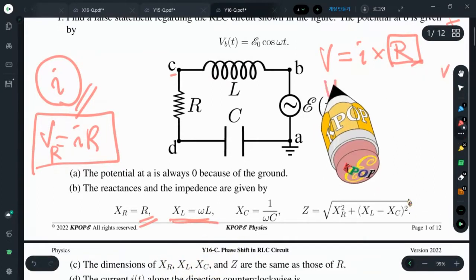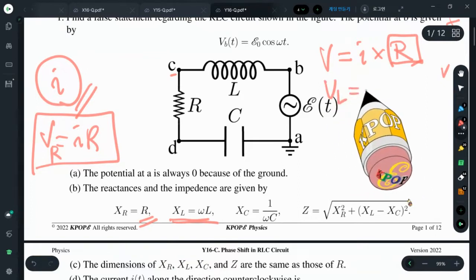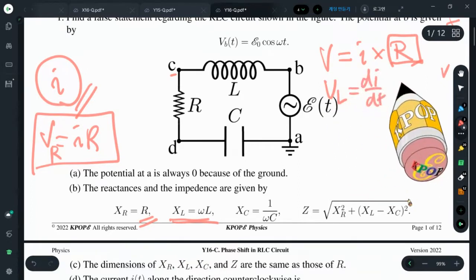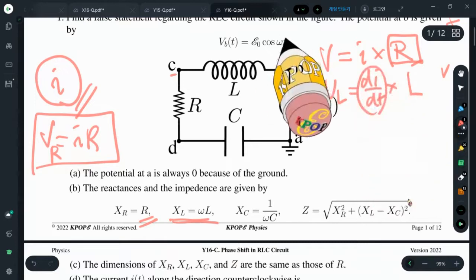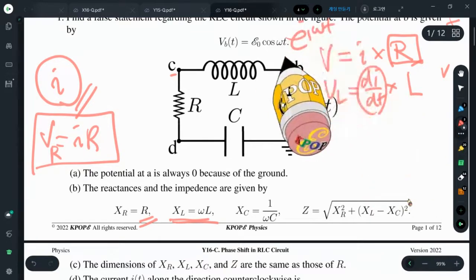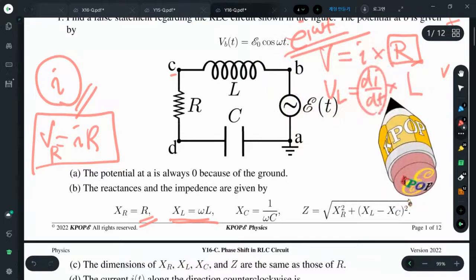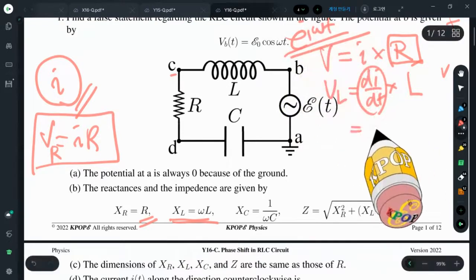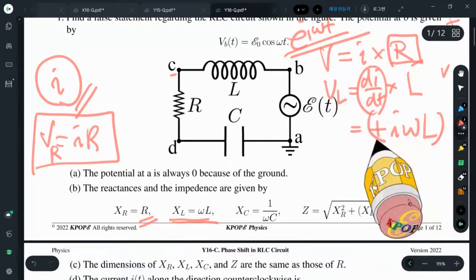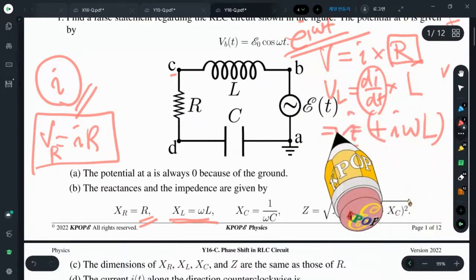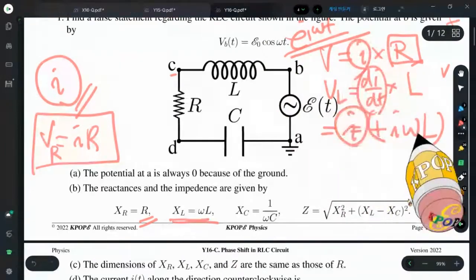For VL, that is I dot multiplied by L. However, if I use e to the i omega t, the derivative brings in i omega. So plus i omega L multiplied by the current.